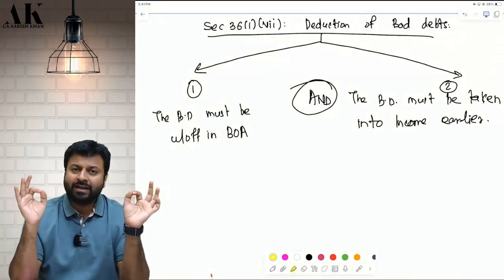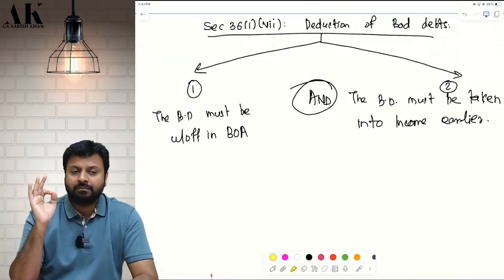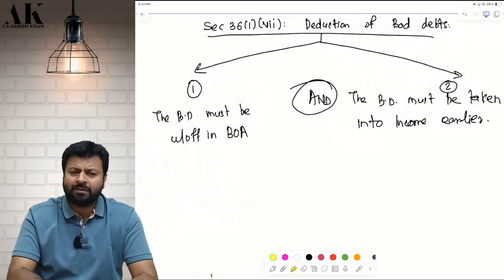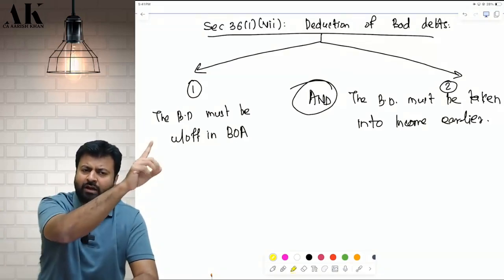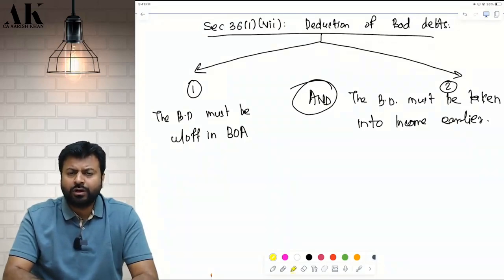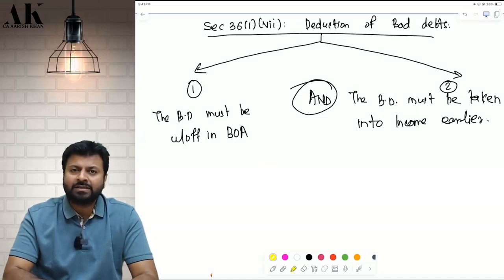The government has made an amendment in 1989 that with effect from 1/4/1989, around 35 years back, there is no need to prove that the debt has become bad. You have to just write it off in the books of accounts. That's it. You don't have to prove it to the assessing officer. If proving to the assessing officer becomes a condition, then there will be a lot of litigation.